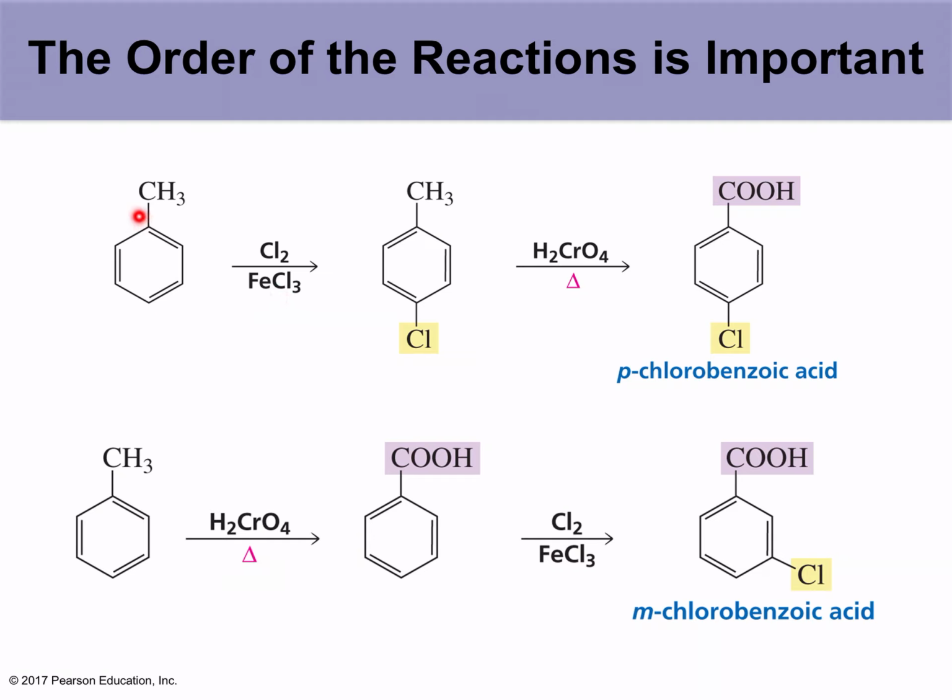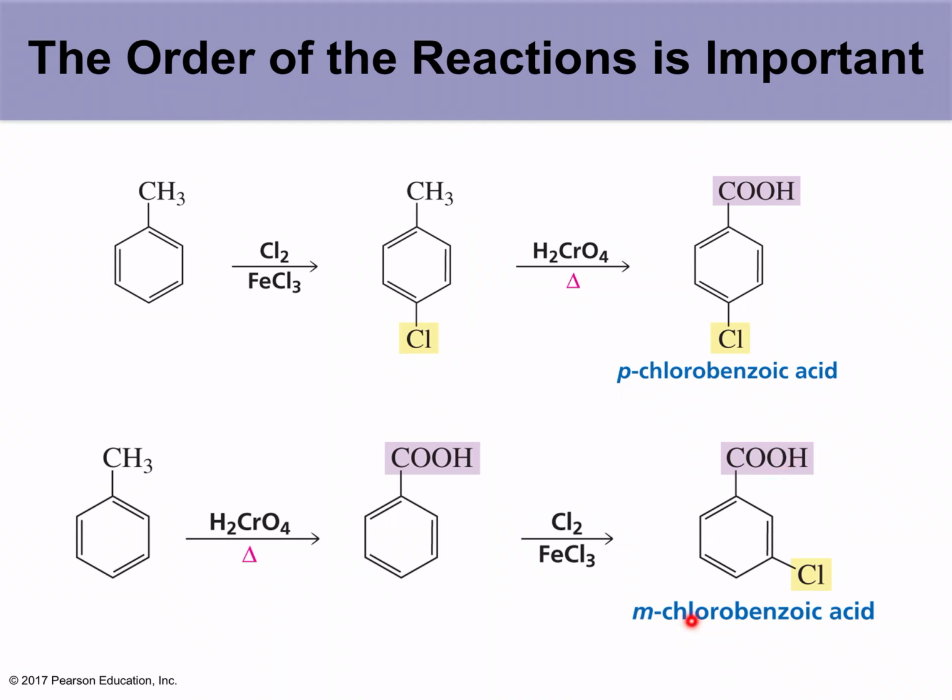So then this would add on to the para position. We will also get some ortho product, but since this is the final product we want, let's assume it goes to this position. And then you do oxidation. What happens to the alkyl group when you oxidize? It becomes a carboxylic acid. We learned about this earlier. So that's how you make para-chlorobenzoic acid.